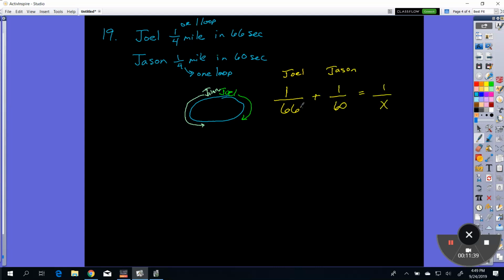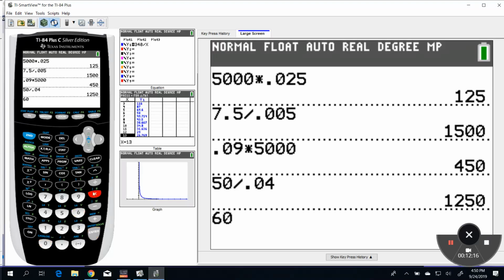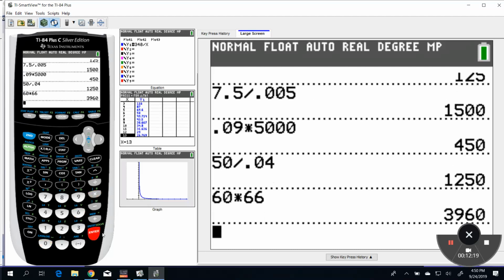So now, in order to do this, you have to have common denominators. So I multiply this by 60 and x, so 60x. This one I multiply by 66x. And this one I multiply by 60 and 66. So they now all have common denominators. I know that x cannot equal 0 because that would mess things up. So that's not a possibility. But once I get common denominators, I can scratch that off. So what I have is 60x plus 66x equals 60 times 66, 3960.